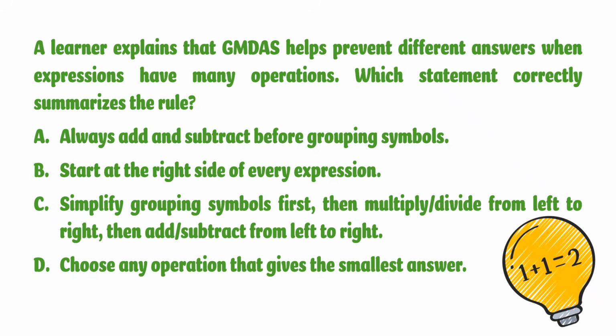B. Start at the right side of every expression. C. Simplify grouping symbols first, then multiply or divide from left to right, then add or subtract from left to right. D. Choose any operation that gives the smallest answer.